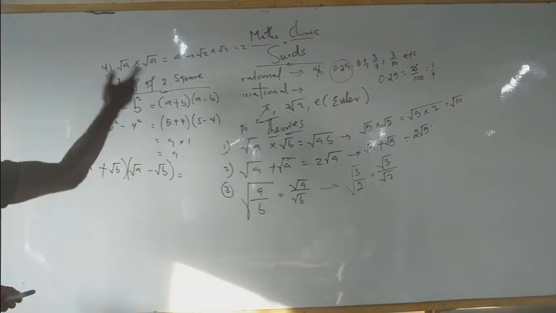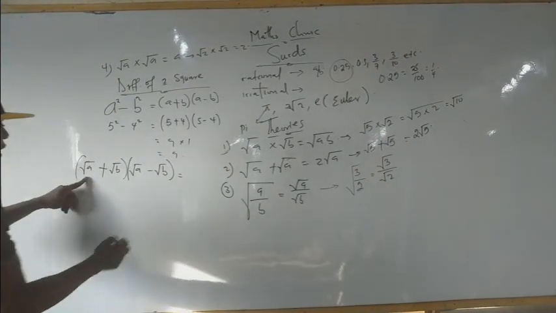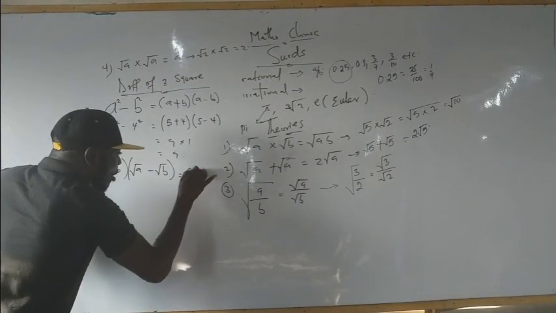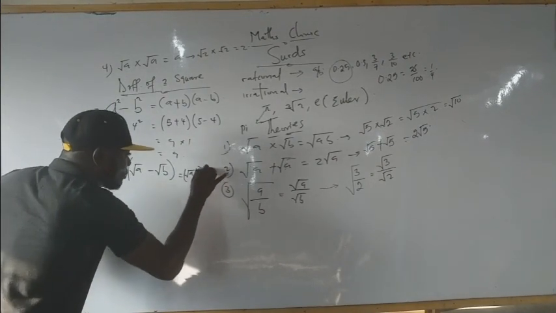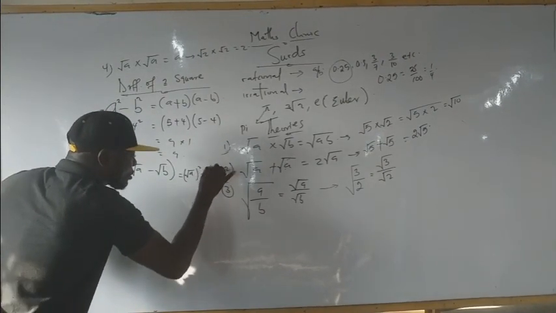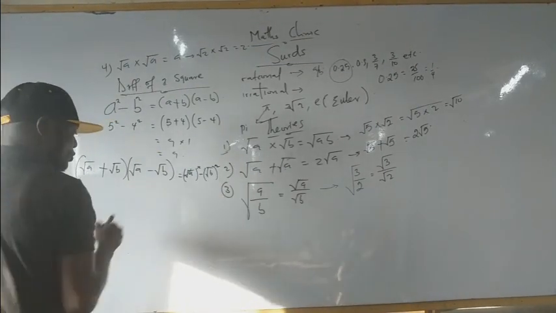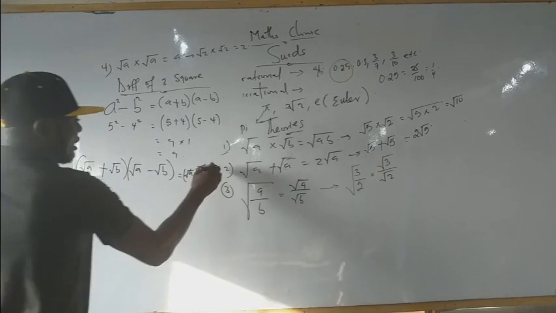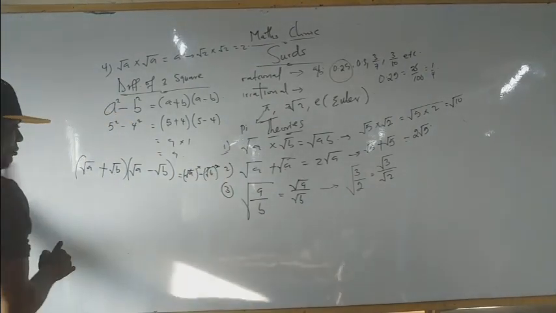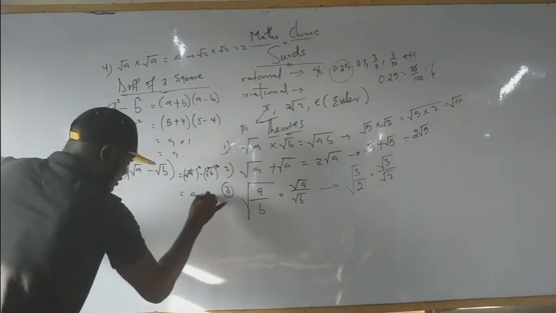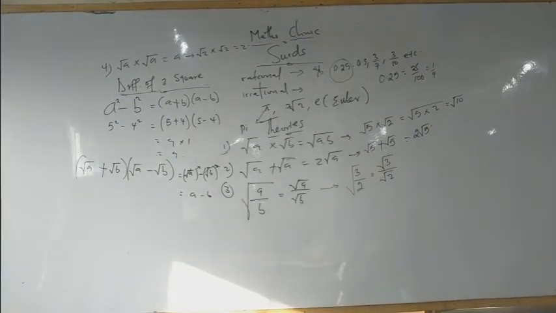So if you want to tidy this up, using the same process, this will become (root A) all squared minus (root B) all squared. Okay, we cancel this and we cancel this, and there's a reason for that.